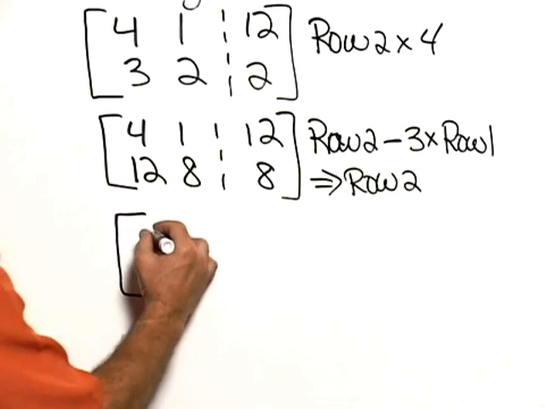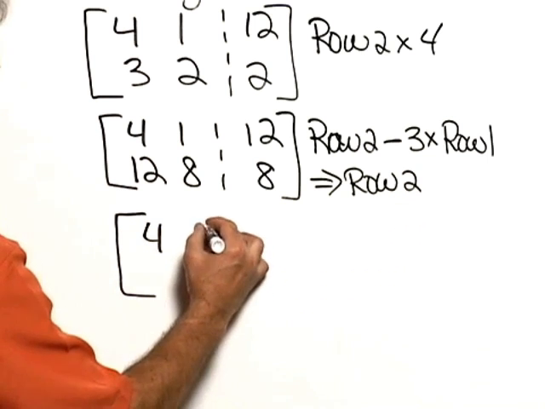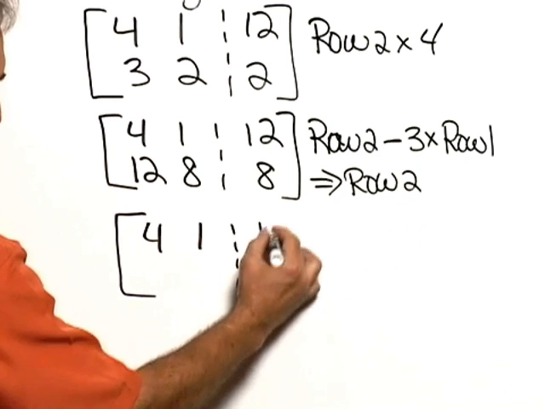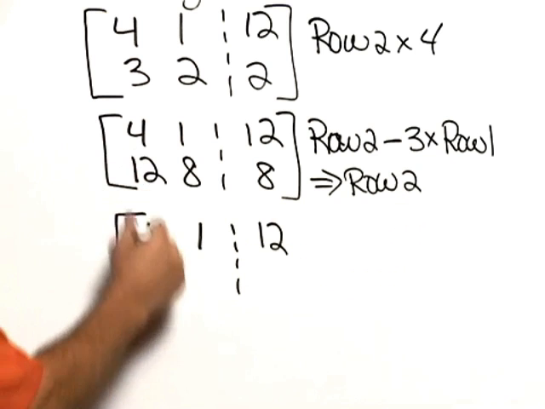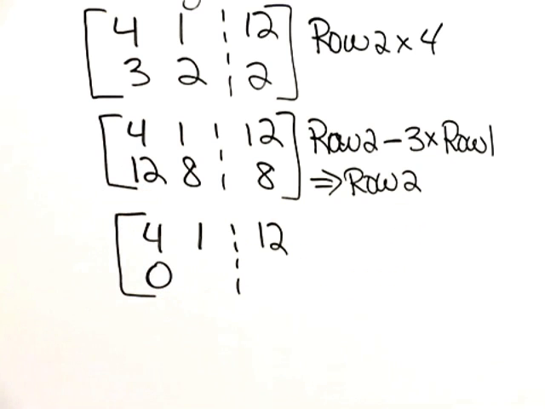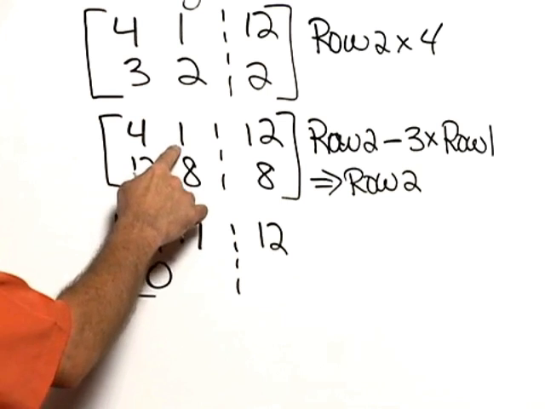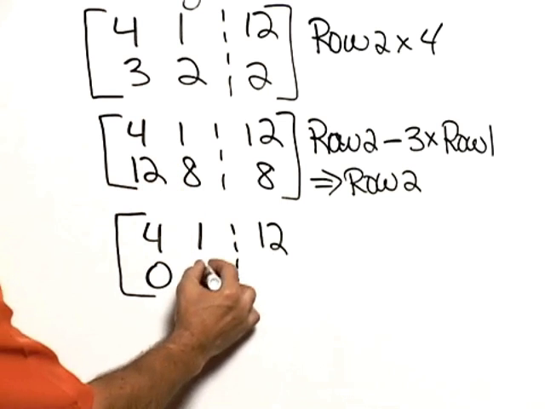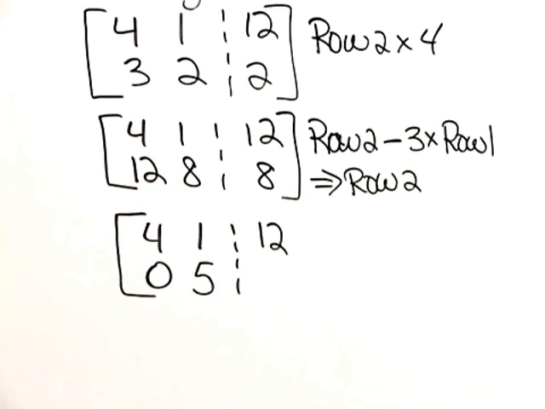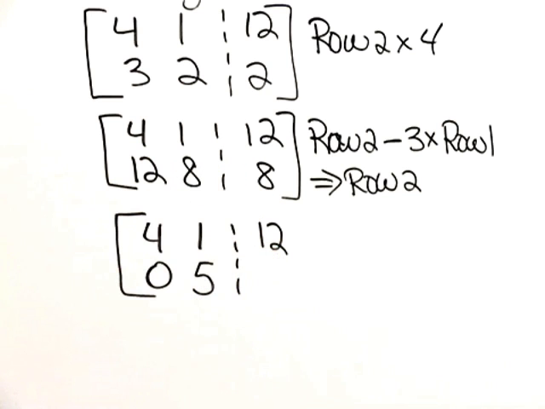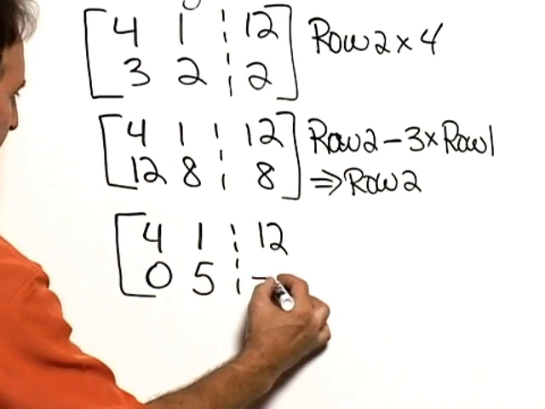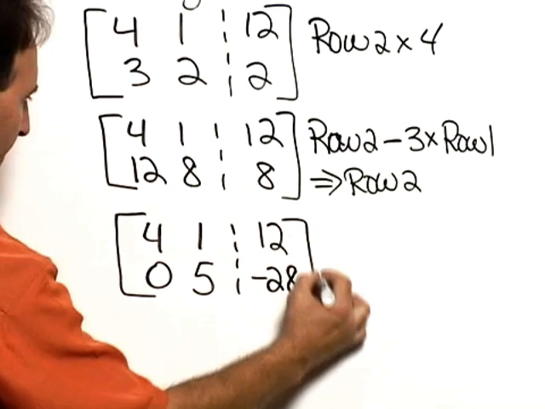Now row 1 still remains the same, 4, 1, 12, unchanged. 12 minus 3 times 4 is 12 minus 12 for 0. 8 minus 3 times 1 is 8 minus 3 for 5. 8 minus 3 times 12 is 8 minus 36, and 8 minus 36 is negative 28.